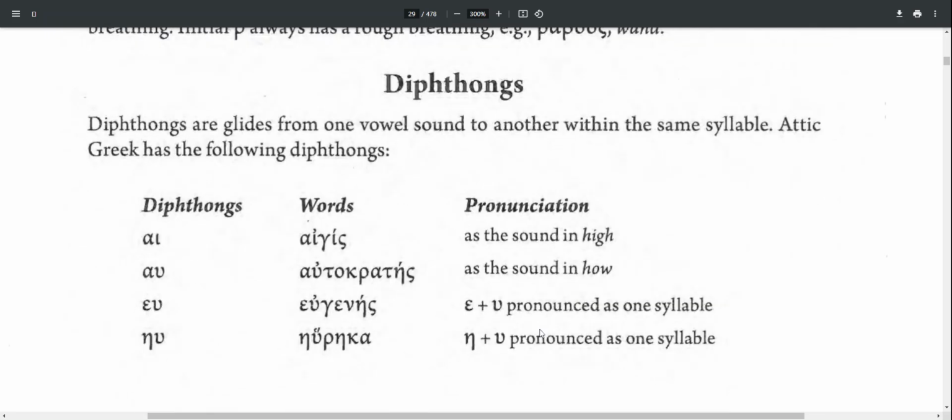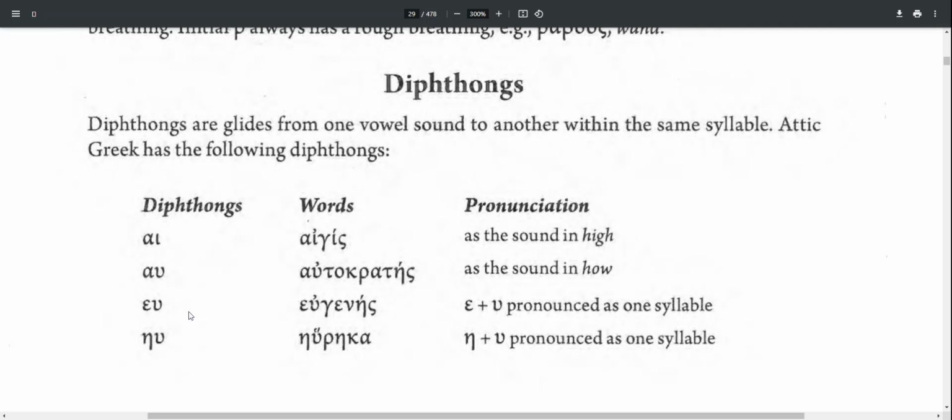So now talking about diphthongs, there are some diphthongs in Greek. Here are some, like ai, alpha iota, as in aegis, sounding like high; au in autocrates, sounding like how; eu, eugenes, pronounced like y in yes pronounced as one syllable.